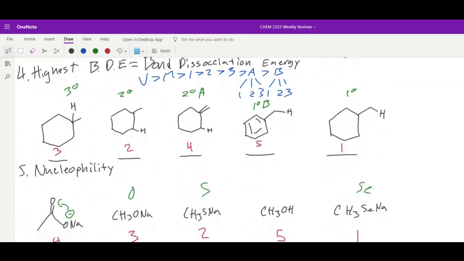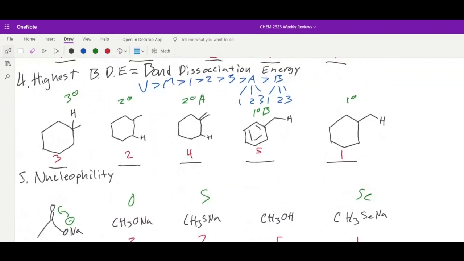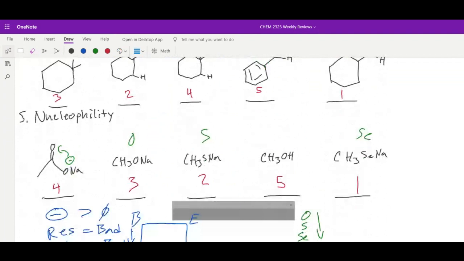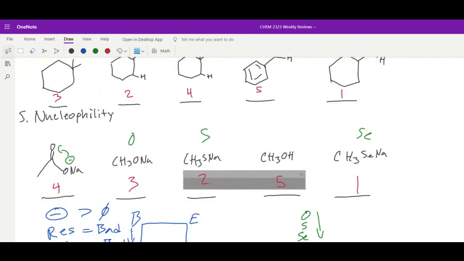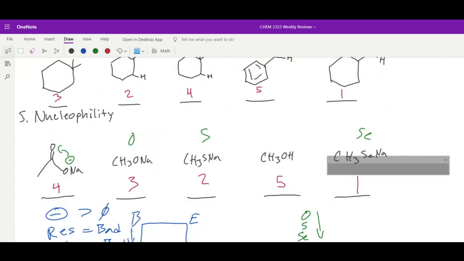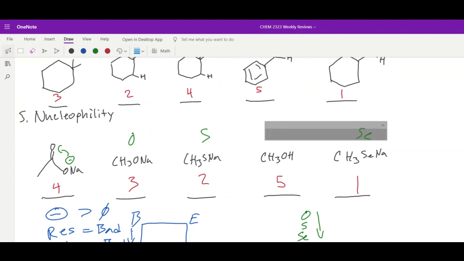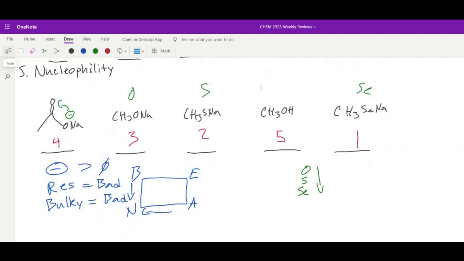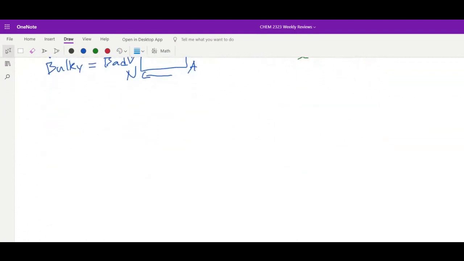There is 4. I'm trying to get 2 at a time, but I can't. Okay, there we go. And then there's nucleophilicity. So let's get into reactions.